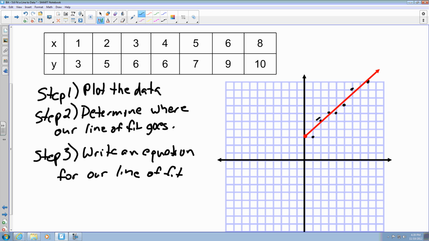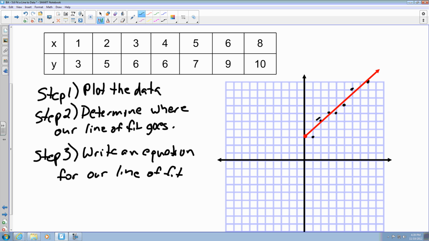Now I understand that not everybody's going to have the same line. People are going to use different ways of rounding. You may want to be more precise. You may have decimals in your answer. You may have whole numbers.